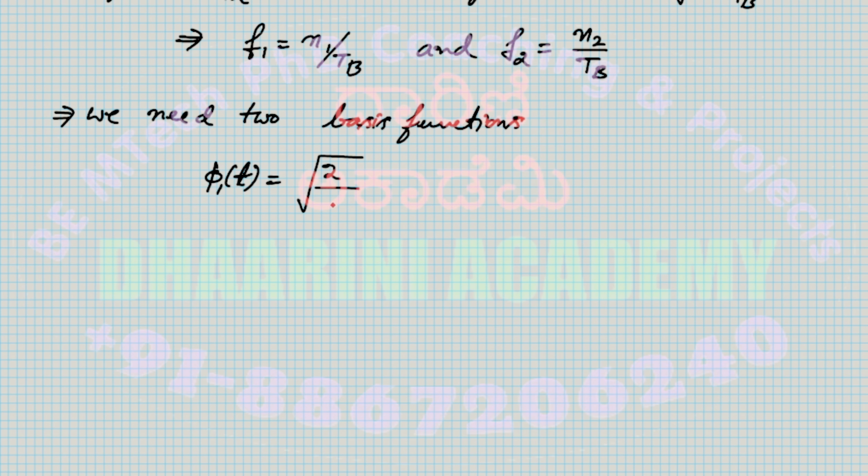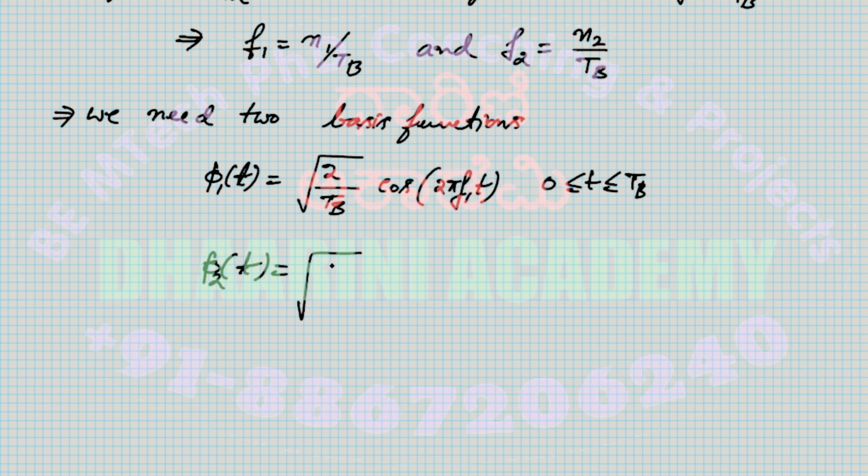Okay, this is root of 2 divided by TB into cos 2 pi f1t, for 0 less than or equal to t less than or equal to T. So this is the phi 1 function. Similarly, you are going to use the second function, that is phi 2 of t is equal to root of 2 by TB into cos of 2 pi f2t, for 0 less than or equal to t less than or equal to T.